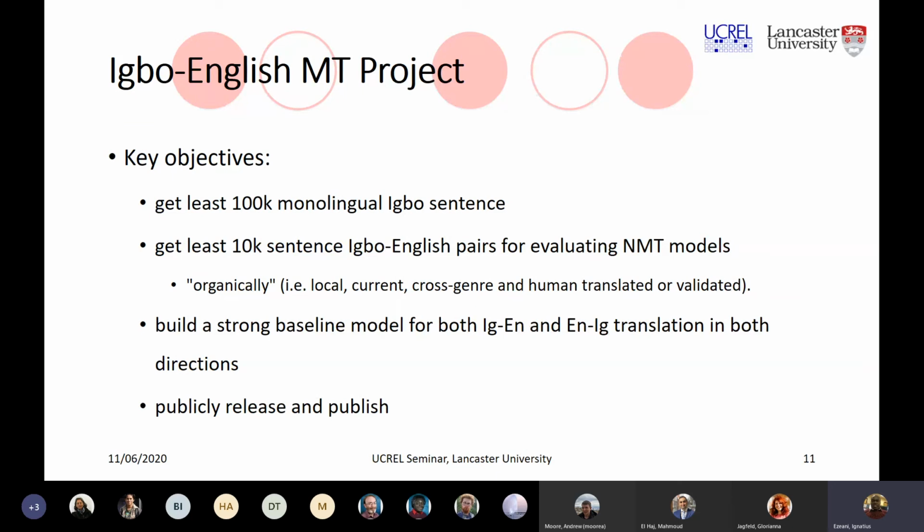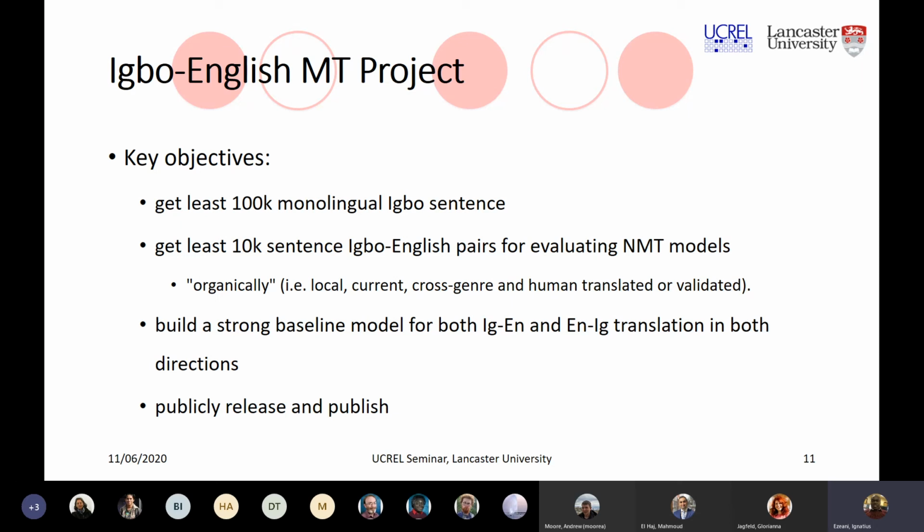So one, to create at least 100,000 monolingual sentence pairs. It really needs to be more than that, actually, because like Mo said, if we have to build embedding models with clean Igbo data, we have to be sure that we have enough homogeneous data collection of monolingual data to build that.